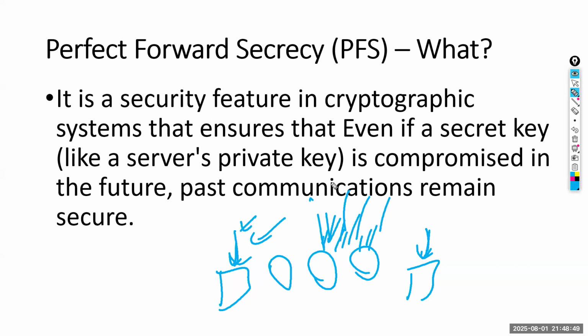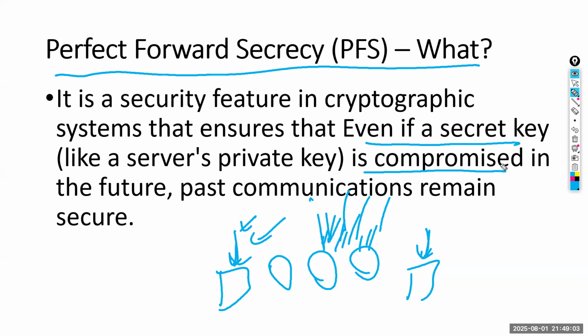If you want to prevent that risk, we call it perfect forward security. It is a security feature in a cryptographic system that ensures that even if a secret key is compromised, meaning revealed, in the future, the past communications remain secure. So if your key is revealed today, the ciphertext from yesterday and the day before must still be secure.